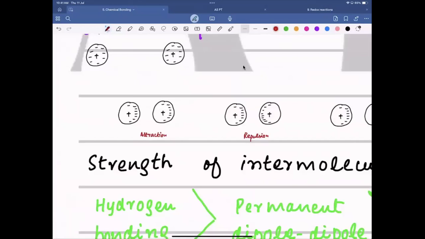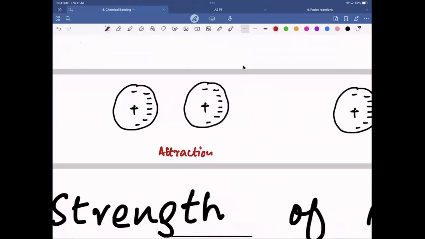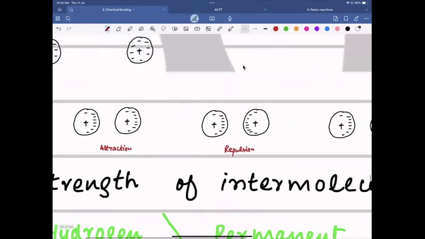So see, there we got the two faces. Now, when these two faces are oriented in this way, we will observe attraction between the atoms or between the molecules, right? Yes, sir. But when they get oriented in this way, what will we observe? A repulsion, right?